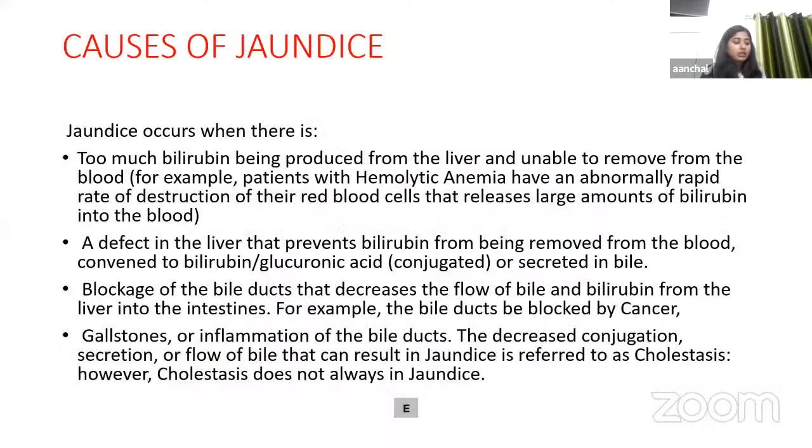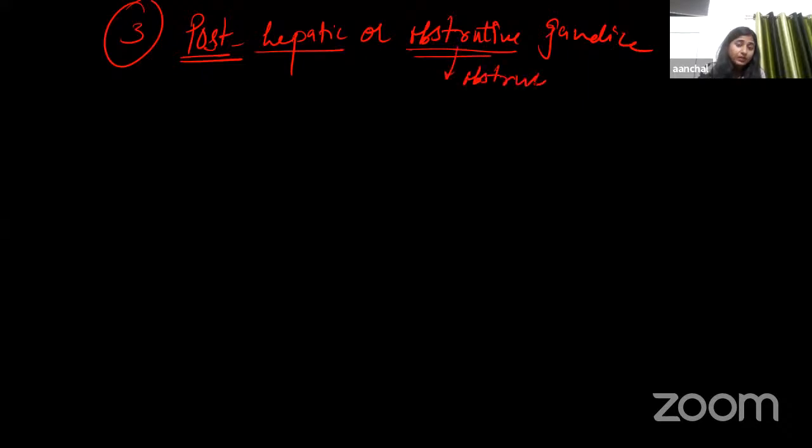Now the last we have post-hepatic or obstructive jaundice. As the name refers, post-hepatic means after liver, and obstructive means there is a kind of obstruction present, right?